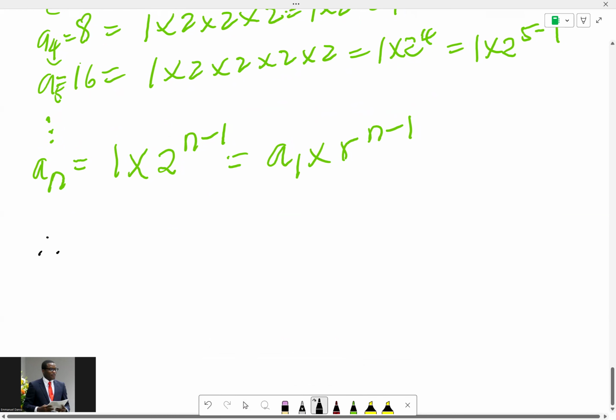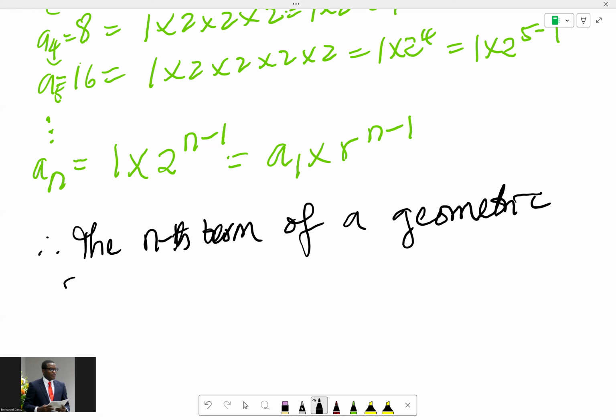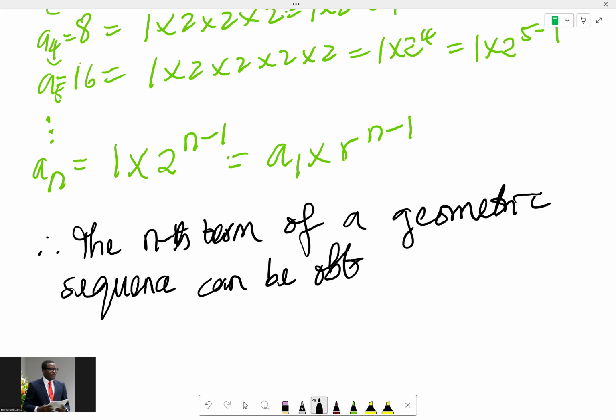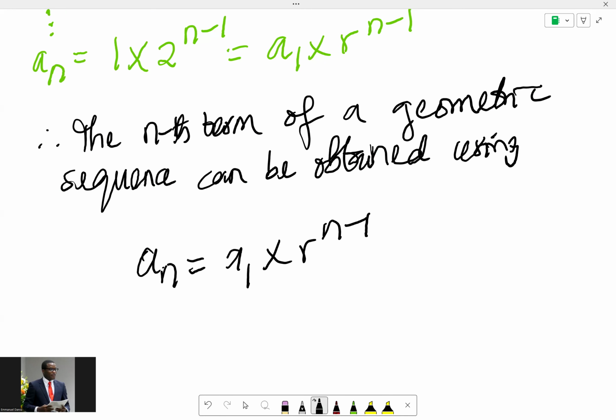So can we conclude then that the formula for a geometric sequence, the nth term of a geometric sequence, can be obtained using this expression: an is equal to a1 times r raised to power n minus 1.